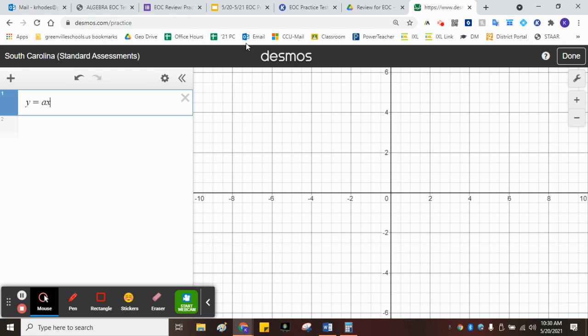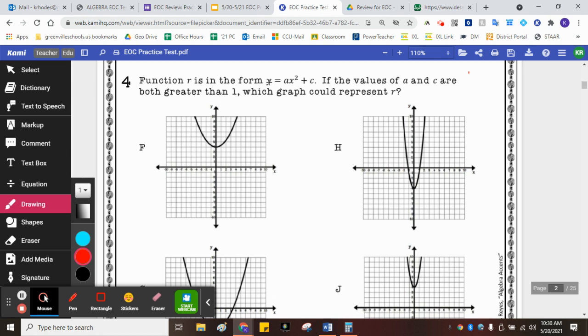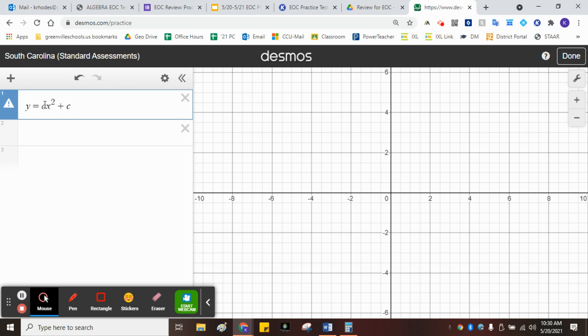Y equals ax squared plus c. Sliders. Okay, but it said A and C are greater than 1. So I'm going to put 3 and 5 because those are numbers greater than 1.